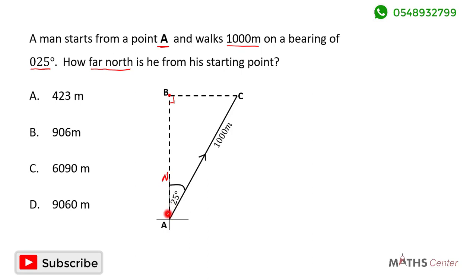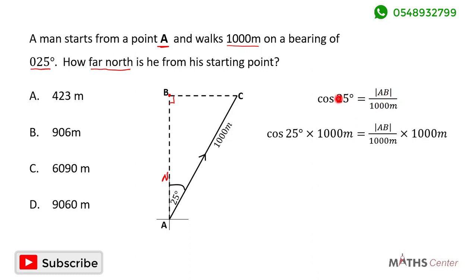So considering the triangle ABC, cos 25 degrees will be equal to the adjacent side, which is the side AB, divided by the hypotenuse, which is the side AC, which is given to us as 1,000 meters. To get AB, I'll multiply the left-hand side by 1,000 meters and multiply the right-hand side by 1,000 meters.